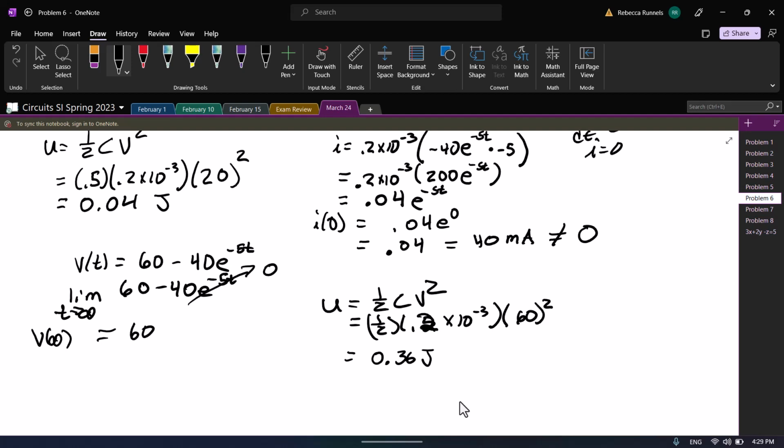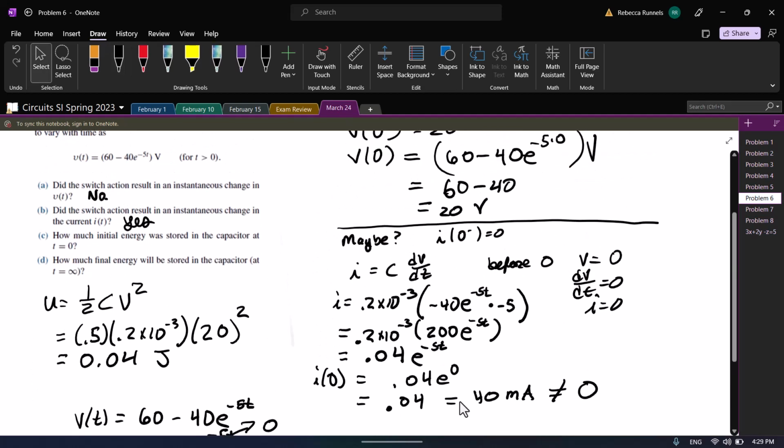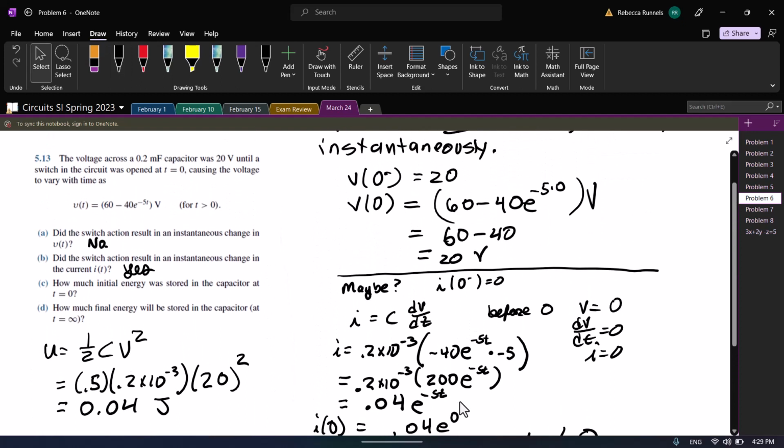So I think there'd be more energy after the switch opens. Because we have this function, something is feeding it. Before, it was just sitting there. The 60 says it's always got 60 volts.